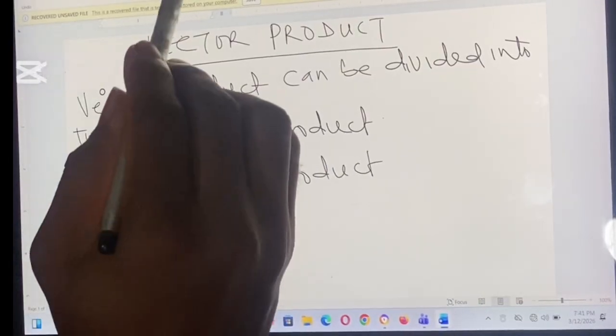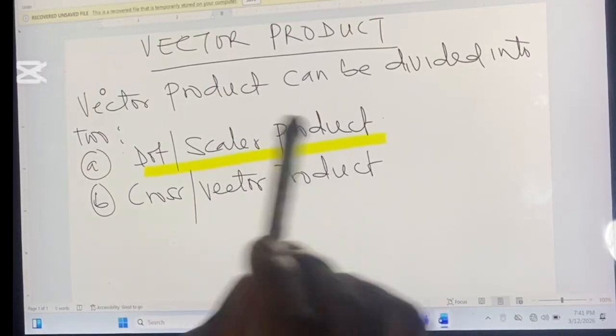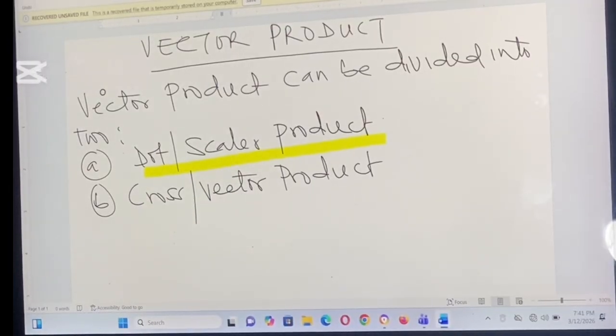All right, let's consider the first one here. The first one is dot or scalar product. Please write: dot or scalar product.